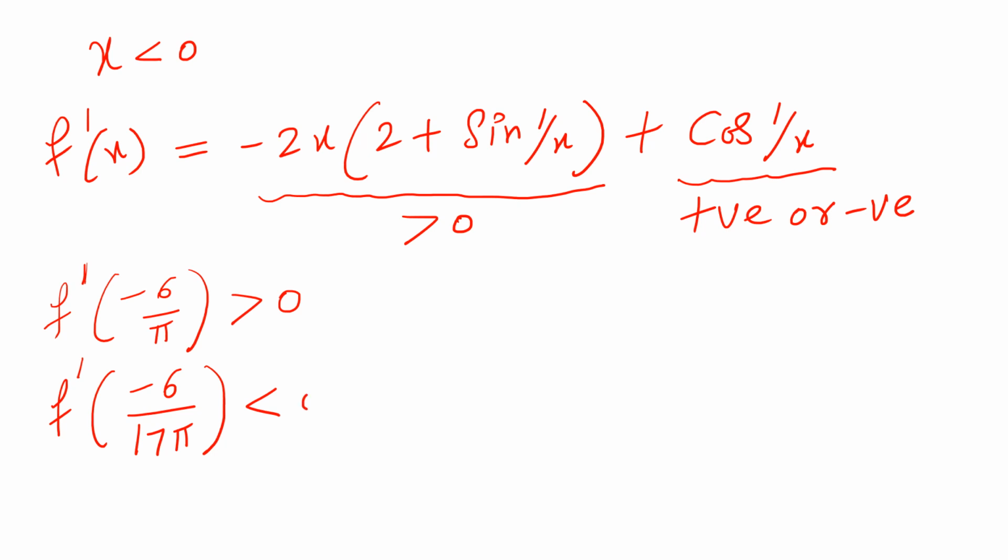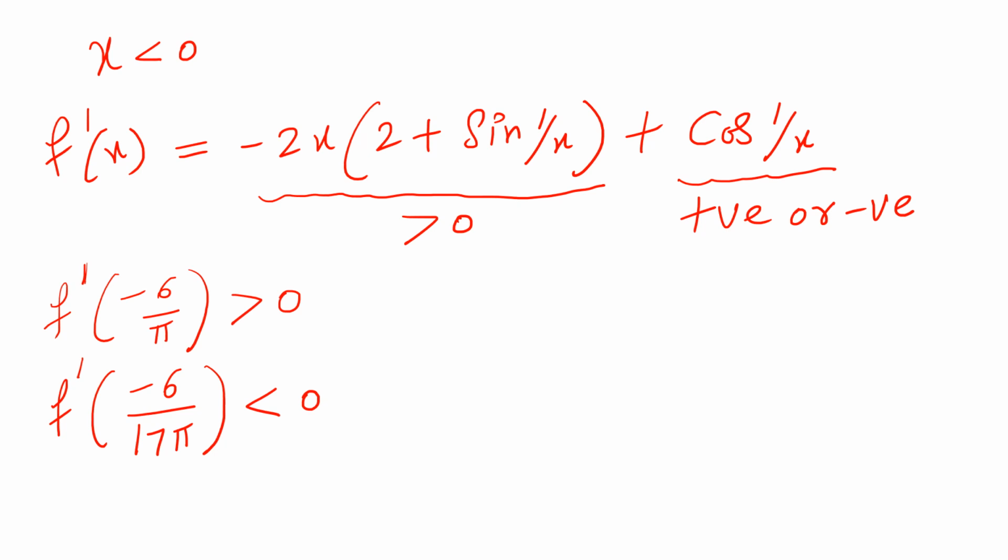Then the sign of f dash x becomes negative. Now, if I continue in this way and keep on putting greater values of x every time, then it is always possible that I keep on getting different signs of f dash x. That means from positive it will become negative, then from negative it will become positive, and so on.